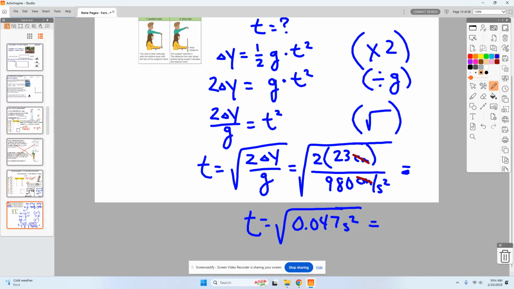I did see a number of people put that number down, 0.047, but I have to take the square root of that, and I get 0.217 seconds. A pretty average reaction time is about 0.2-ish seconds, how long it takes for you to respond to that.